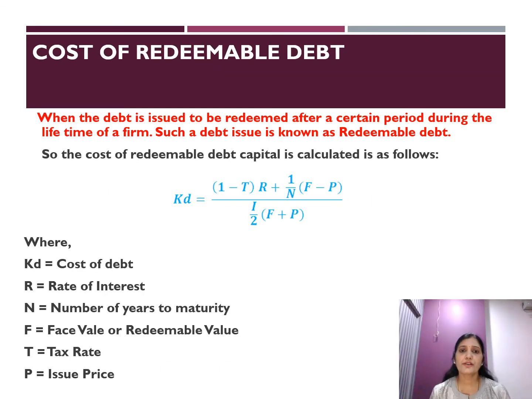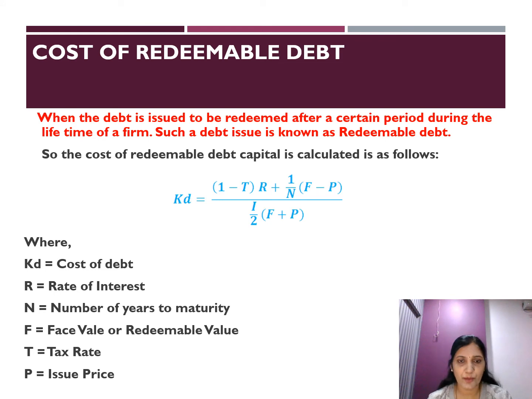So we'll go for cost of redeemable debt. When the debt is issued to be redeemed after a certain period during the lifetime of the firm, such a debt issue is known as redeemable debt. The cost of redeemable debt capital is calculated as follows.